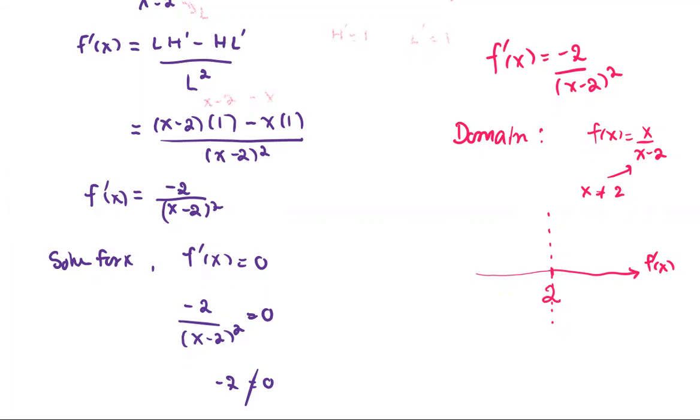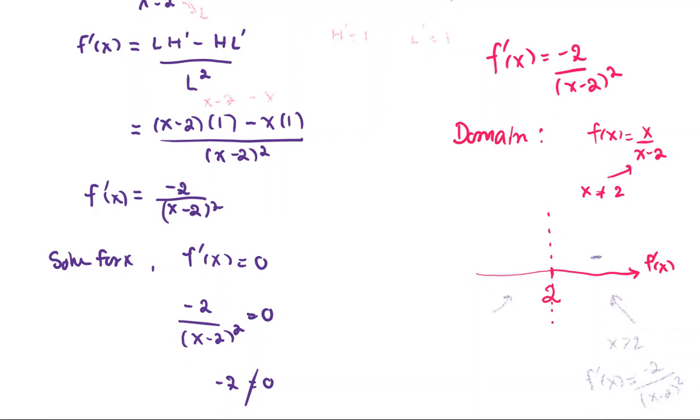For x greater than 2, what would be the sign of the f prime? The f prime equals negative 2 divided by the quantity x minus 2 squared. The square gives you positive no matter what, and the numerator is fixed at negative 2, so the sign on the right-hand side remains negative.